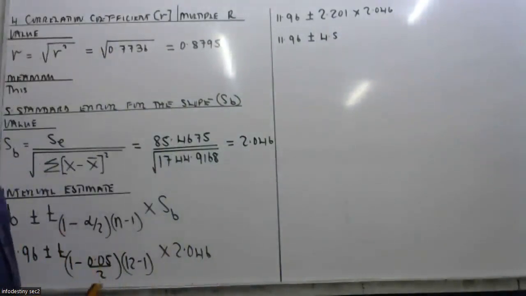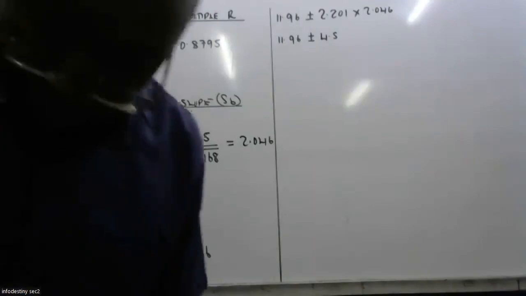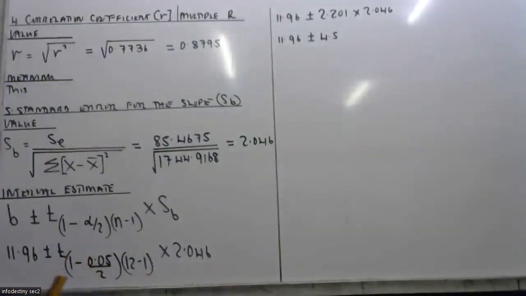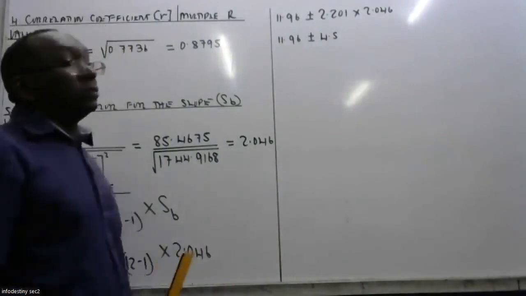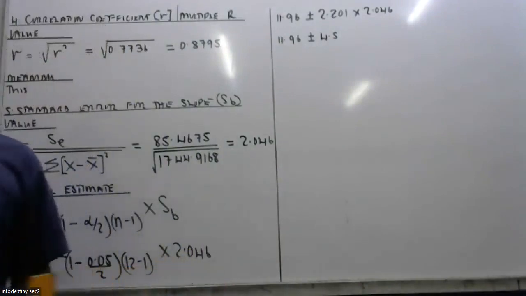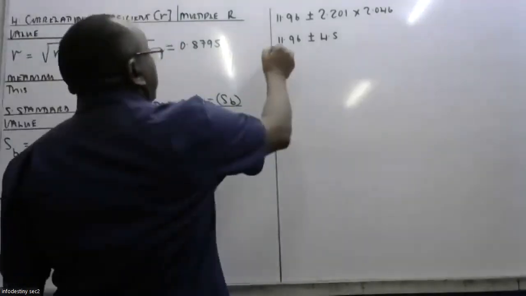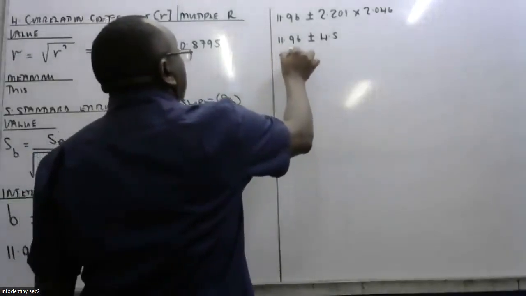So when you subtract, the lower side is 7.46.